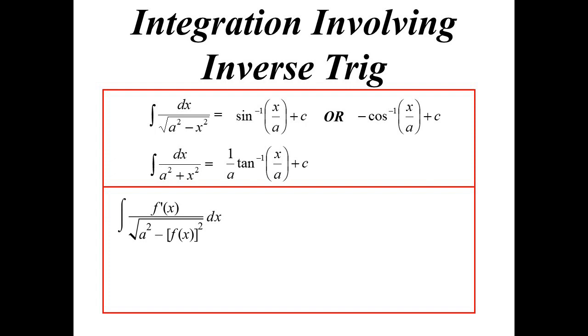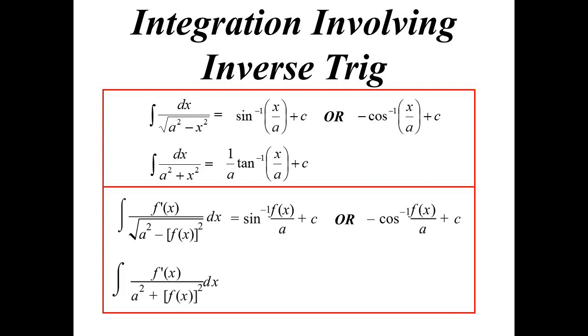So if you can create it into derivative over the square root of a squared minus the function squared, then that will be the inverse sine of the function over a, or the negative inverse cos. And for inverse tan, if you can create derivative on a squared plus the function squared, that will be, again, one on a out the front, inverse tan of the function over a.